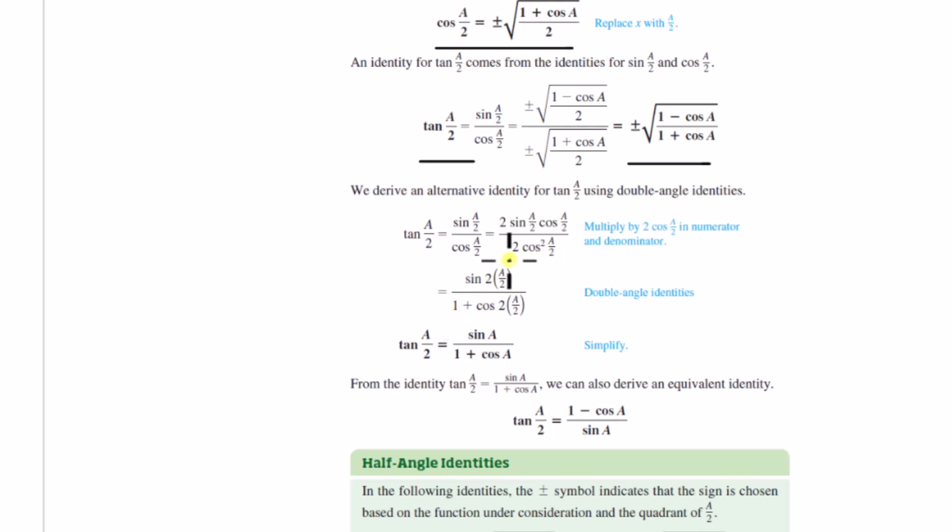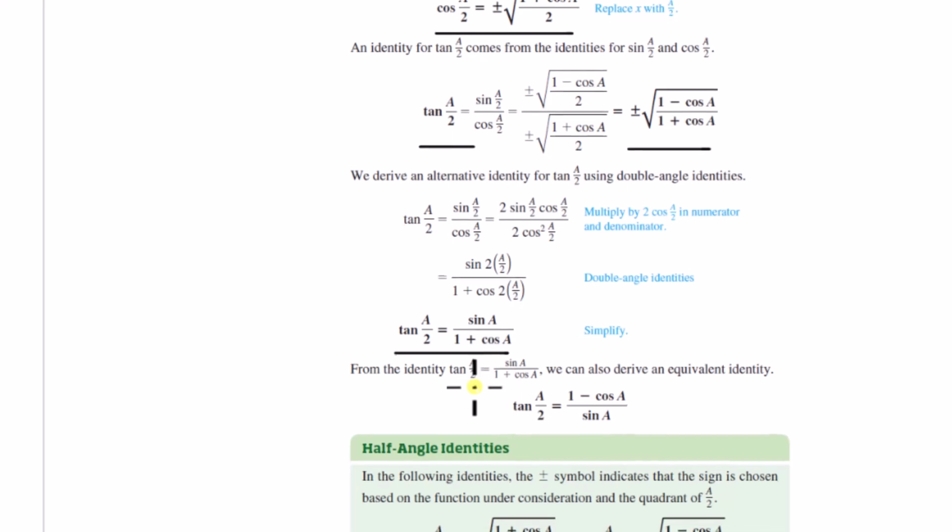Here they use the double angle formula for sine, and in the denominator they use the double angle formula for cosine to convert this to 1 plus cosine of 2 times a divided by 2. And 2 times a divided by 2 is just a, and so there you go. There's another form of a half angle identity for tangent.